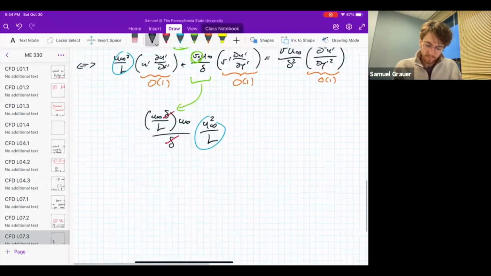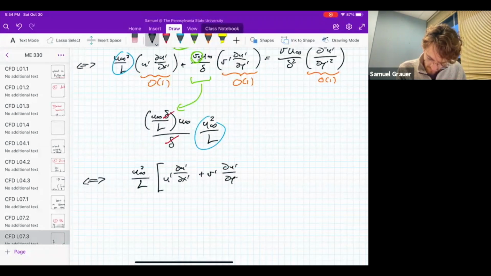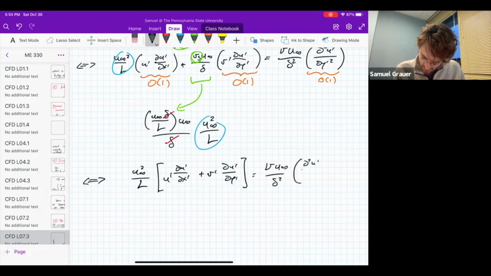So we can rewrite this whole equation. We could say we have u infinity squared over L times u prime du prime/dx prime plus v prime du prime/dy prime is equal to nu u infinity over delta squared times d squared u prime/dy prime squared.